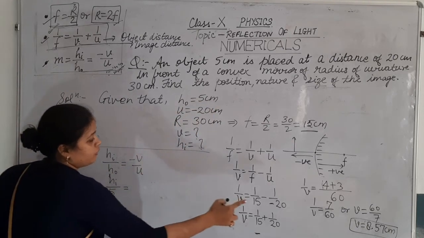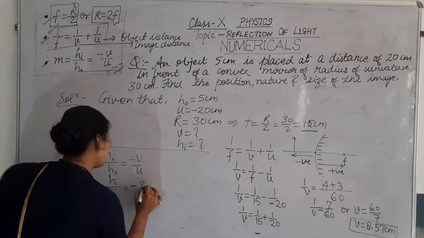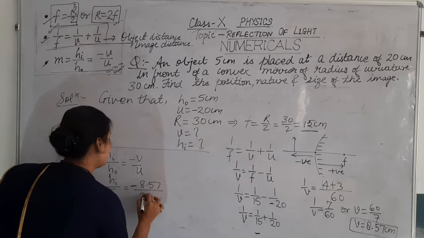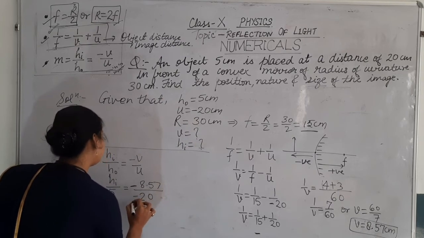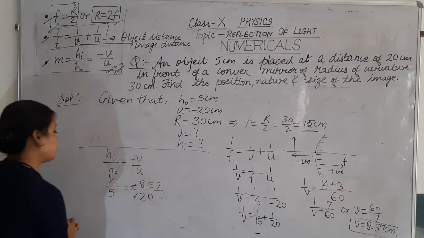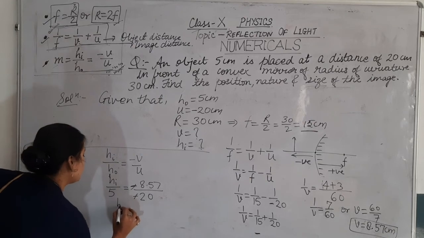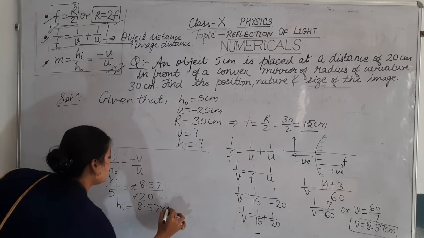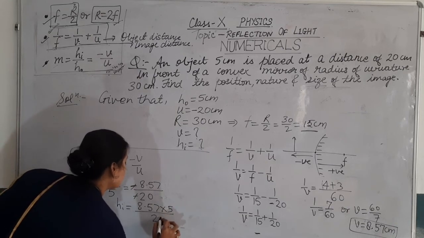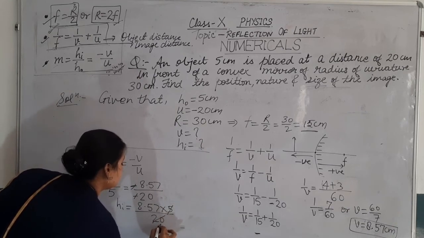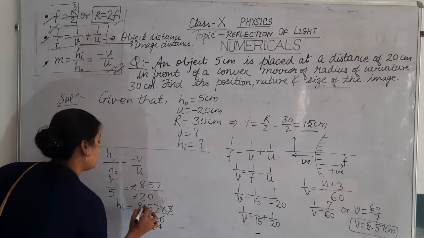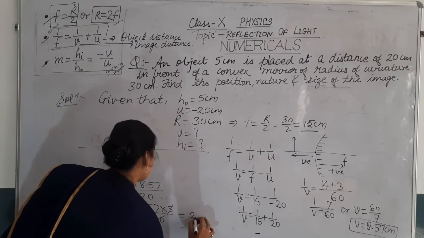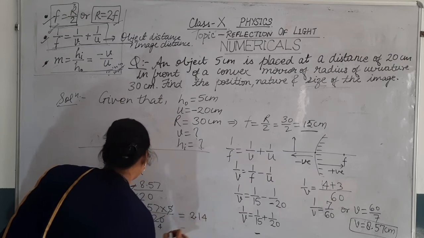V we have found out minus 8.57. U is given minus 20, so it will be minus 20. Minus sign cancels minus sign. Cross multiplication we will get 8.57 into 5 by 20. 5 will cancel 4 times and 4 will divide 8.57 by 4, giving 2.14.